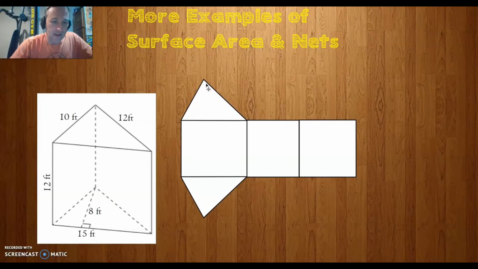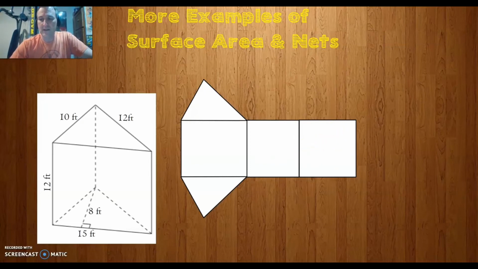We have a 12 by 15 rectangle right here with triangles attached to these 15 foot ends right here. And then we have 15 by 8 triangles. Here's 15 by 8 high. And then I have the 12 by 10 rectangle right here and the 12 by 12 rectangle right here.